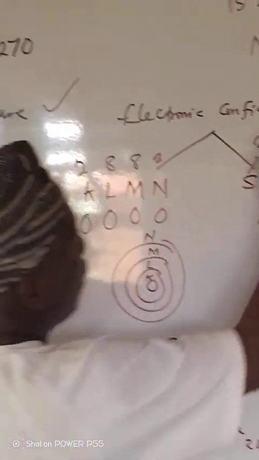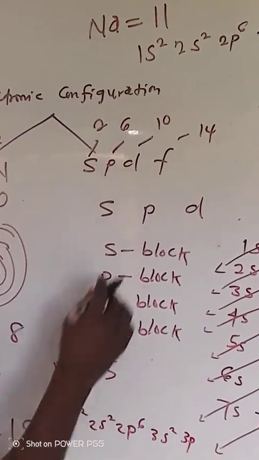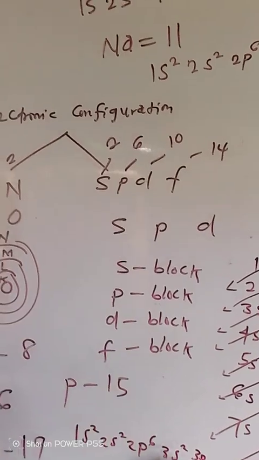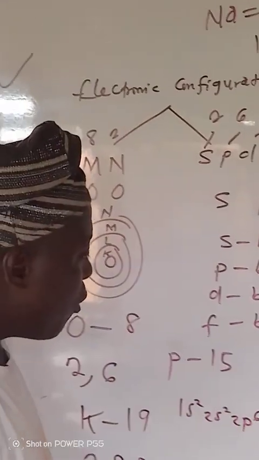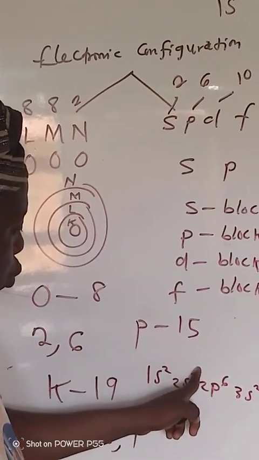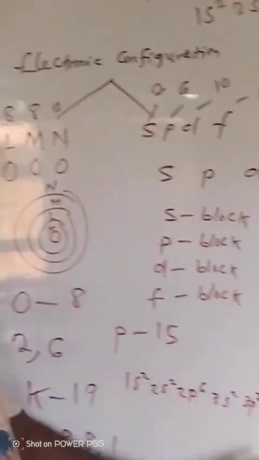Give me 3, 3p, right? Then 3p can require a maximum of 6 electrons. Then what is left now? 3. If you count everything together, 2 plus 2, 4, plus 6, 10, plus 2, 12, plus 3, 15.